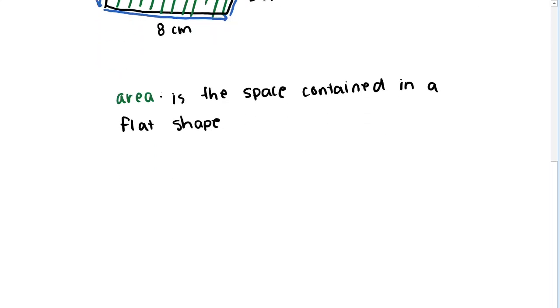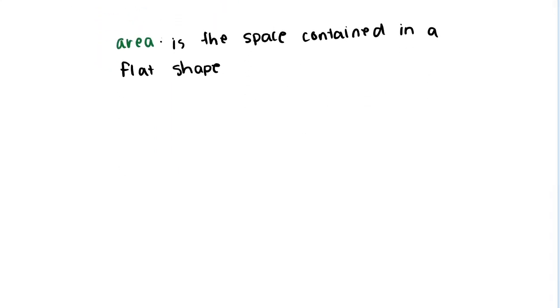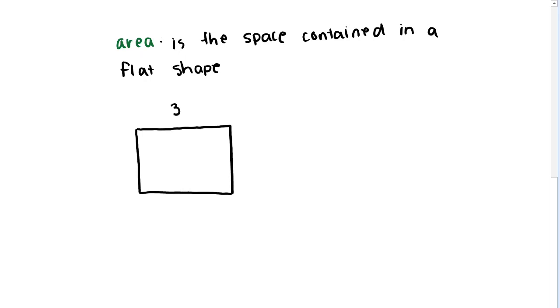So as a quick example, let's say we have some rectangle here, and let's say the measurement of this side is 3 feet, and the measurement of this side is, let's do 2 feet.